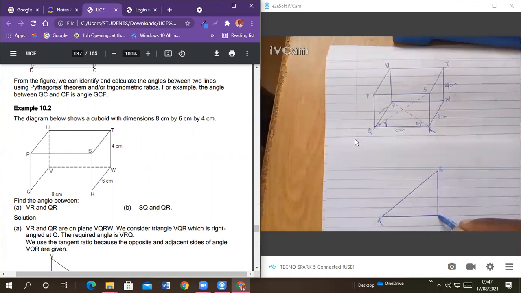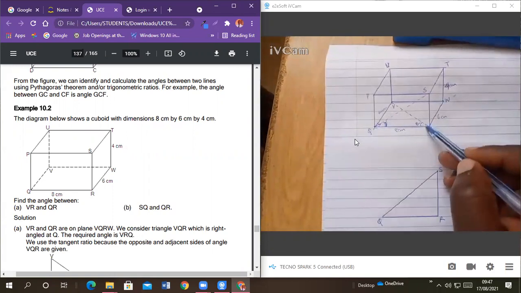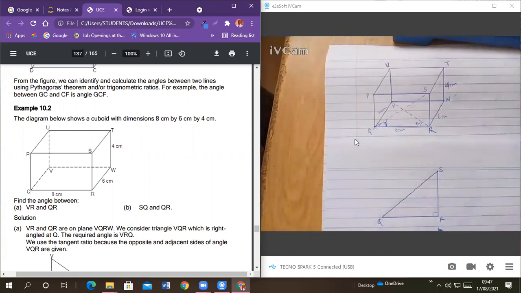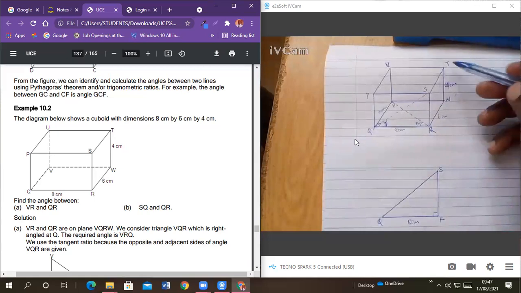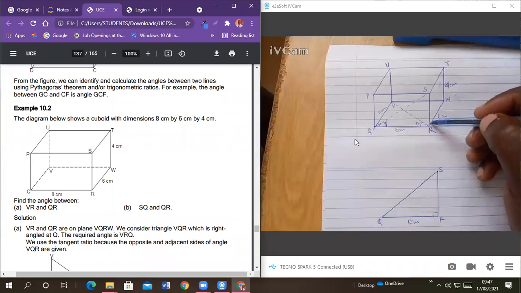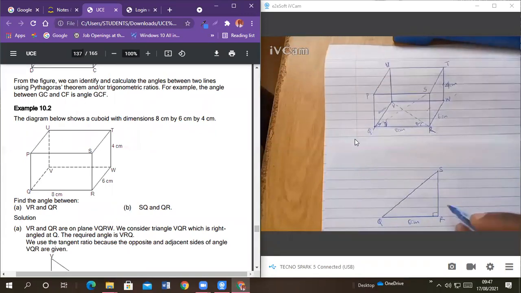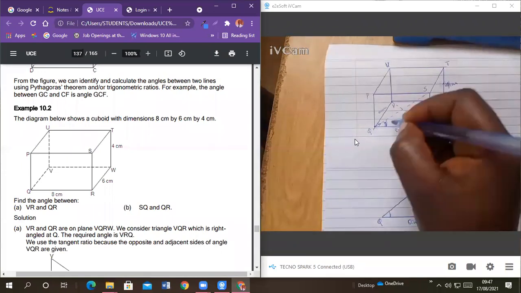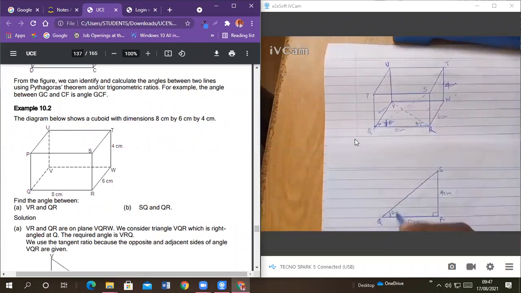It is at R here. When you look at this, the angle which is here is 90 degrees. So this is 8 centimeters and if TW is 4, so it means that also SR is 4 centimeters because this side is equal to this side. So we shall have 4 centimeters. So they're asking us to find this angle which is here, theta again. So this angle is what we have to find.